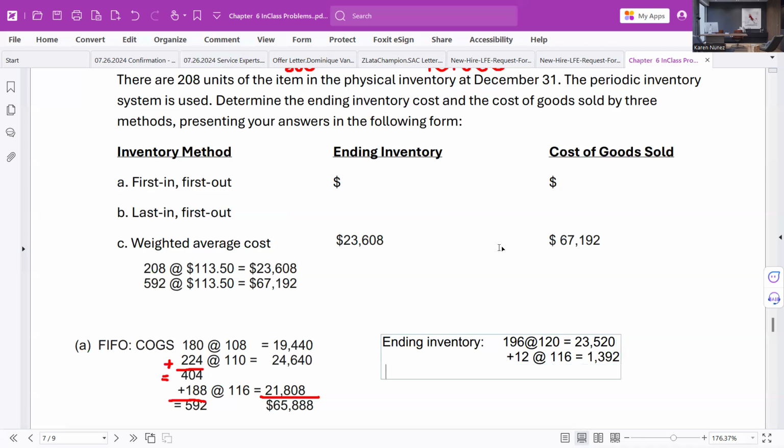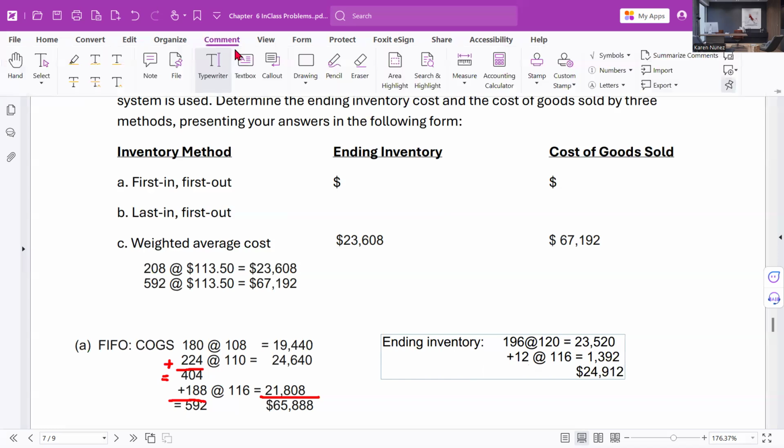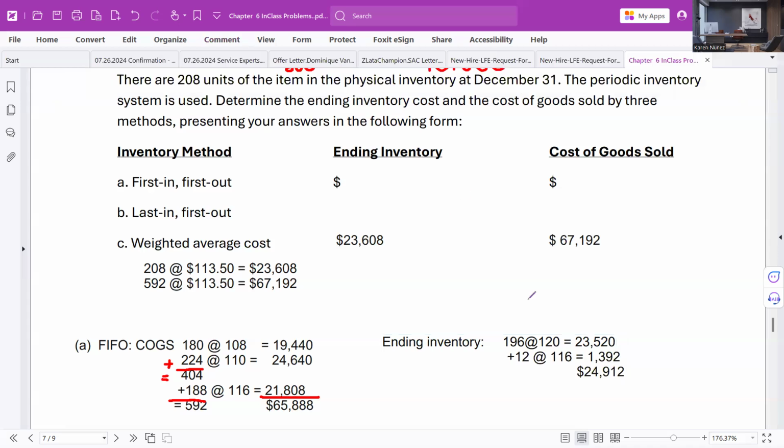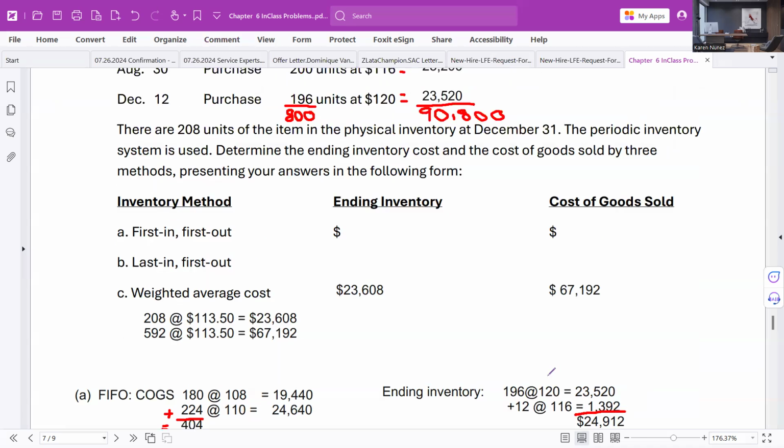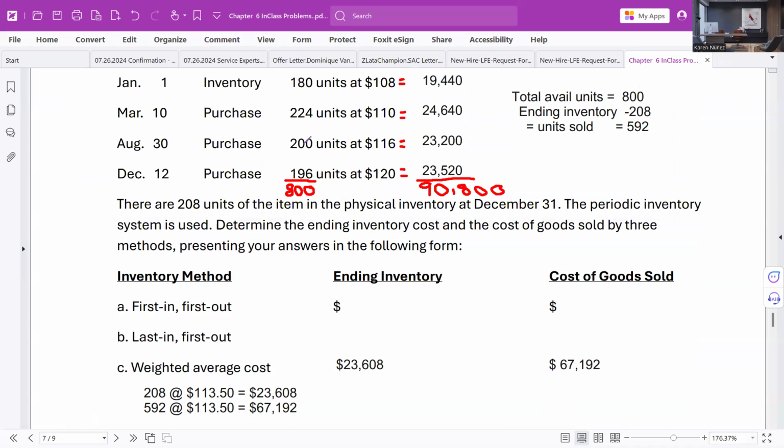Put it all together, and the total is 24,912. That's the total of our ending inventory using FIFO. The last ones are still in the ending inventory, the 196 and 12 of the 200.